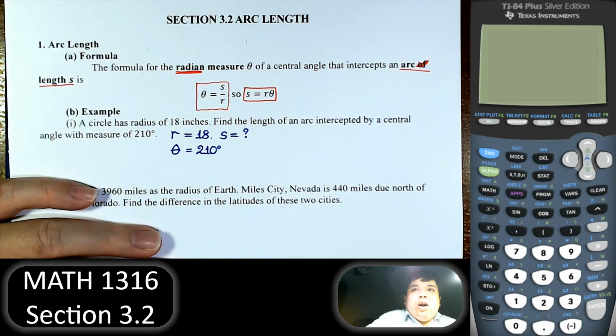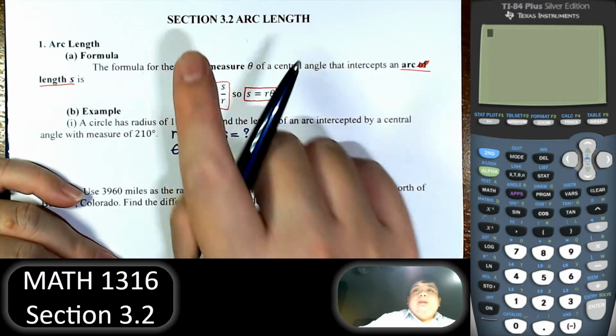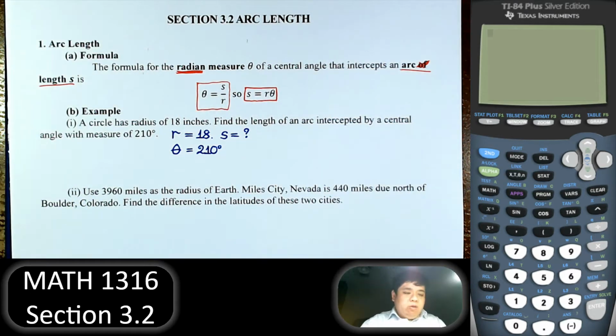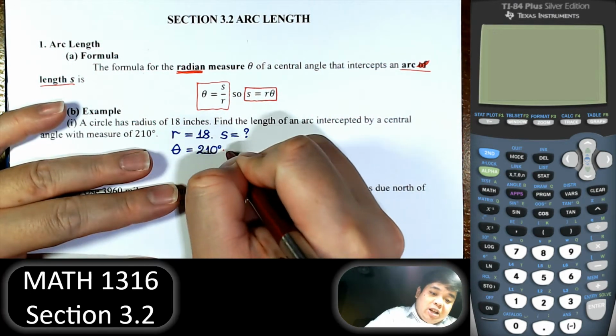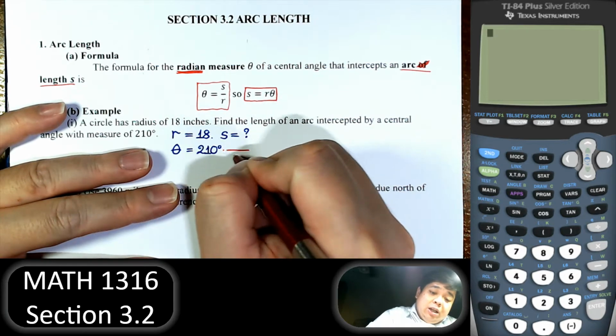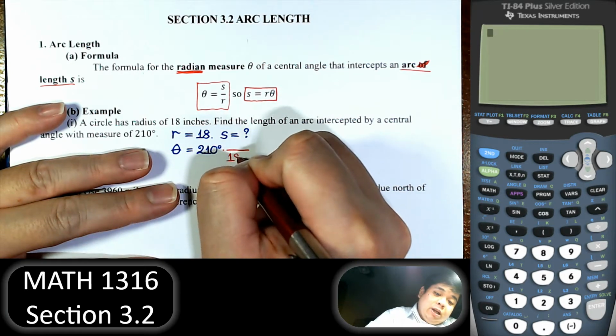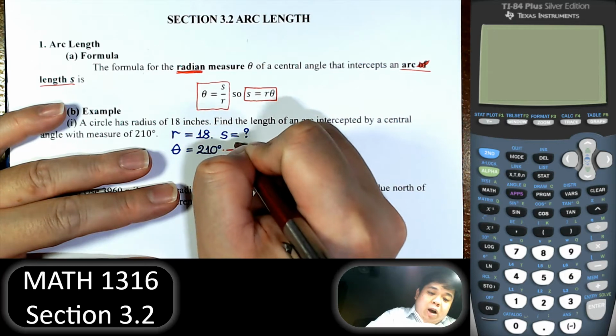What is the most important thing on this problem? The angle must be in radian, right? If we want to convert to radian, we did this in the previous section. If we don't want degree, put degree at the bottom. If we want radian, put pi on the top.